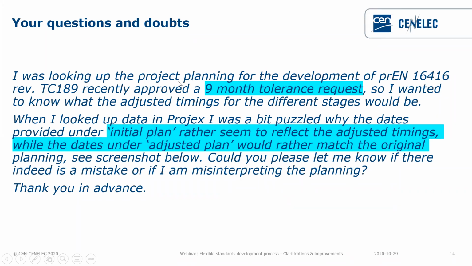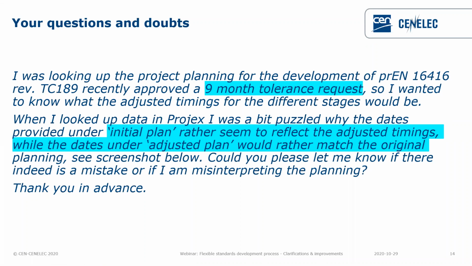I was looking up the project planning for development of PRN; TC 189 recently approved a 9-month tolerance request. So I wanted to know what the adjusted timings for different stages would be. When I looked that up in projects, I was a bit puzzled why the dates provided under initial plan rather seem to reflect the adjusted timings, while the dates under adjusted plan would rather match the original planning. And then, of course, there was the screenshot.